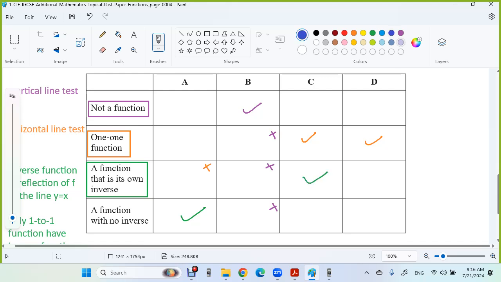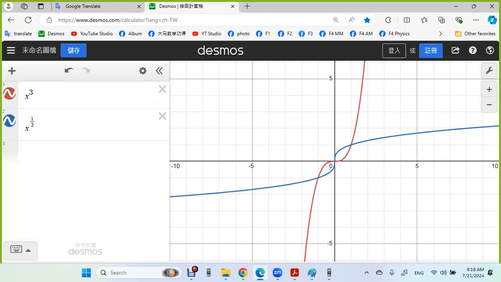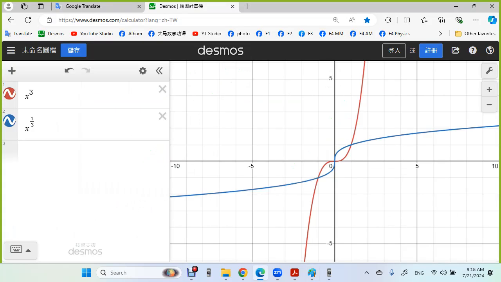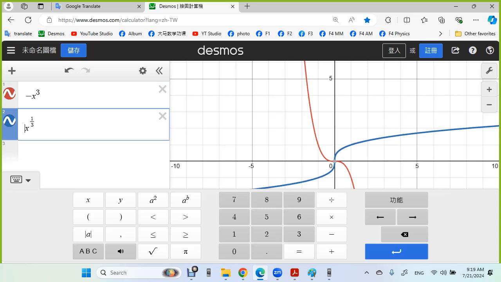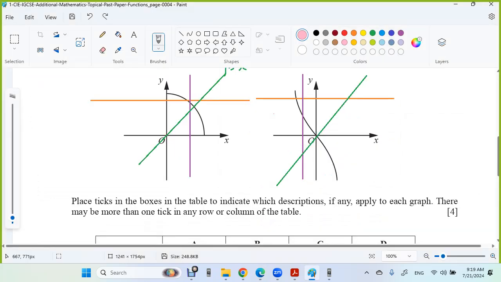Okay, I made a mistake here. The inverse function for the cube is something like this. Wait, this one has to have negative here, then this one has negative, so it will be something like this.